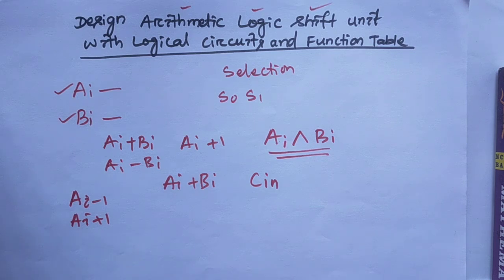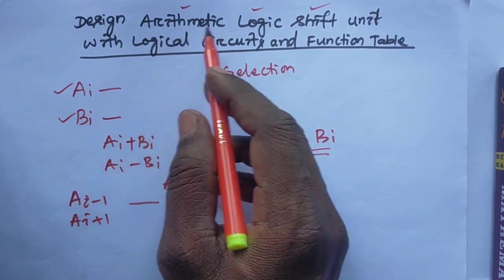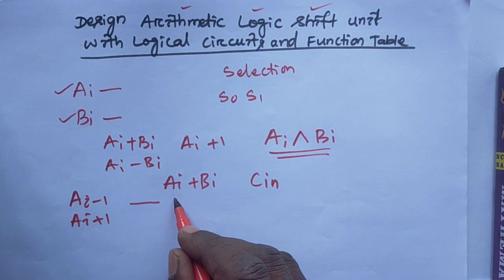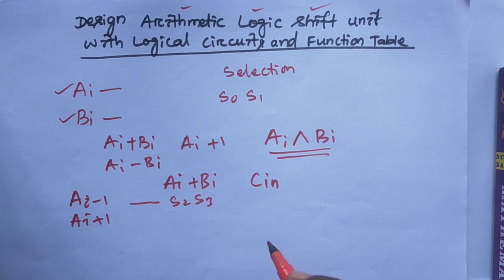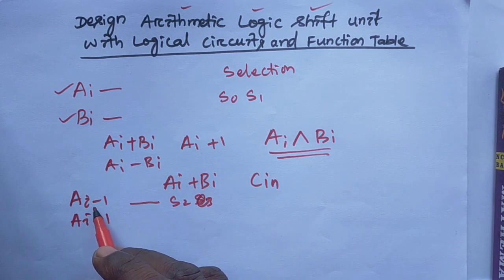Based on these inputs we will define. Whenever you go through this shift, we consider another selection variable: suppose S0, S1 for arithmetic and logic, then S2 and S3 are considered for left shift or right shift.